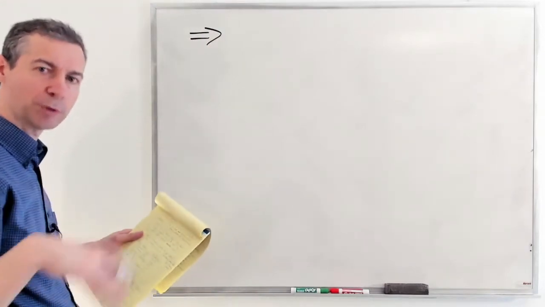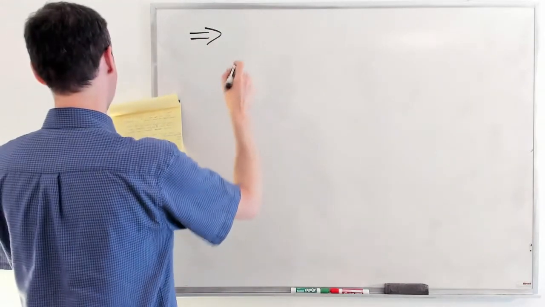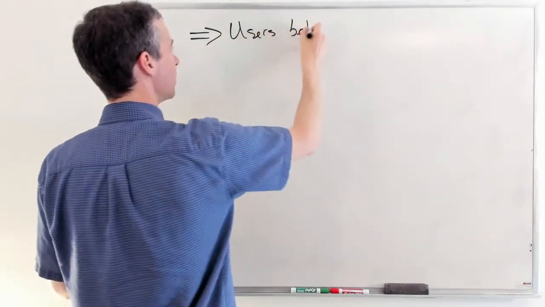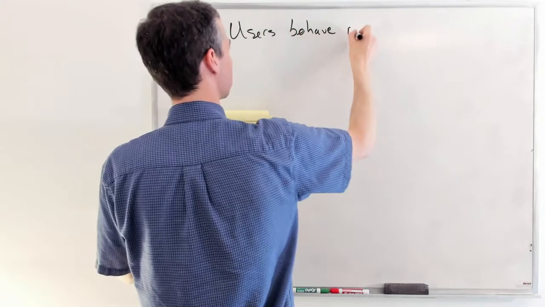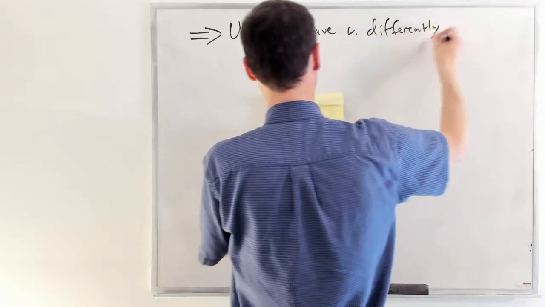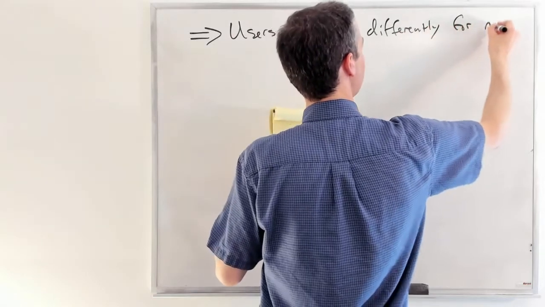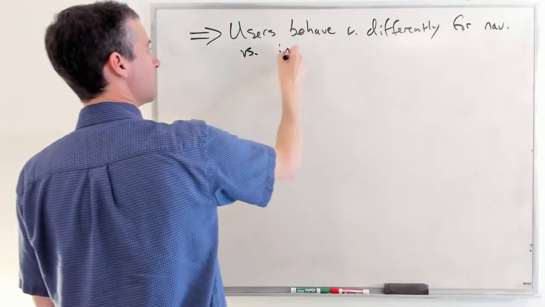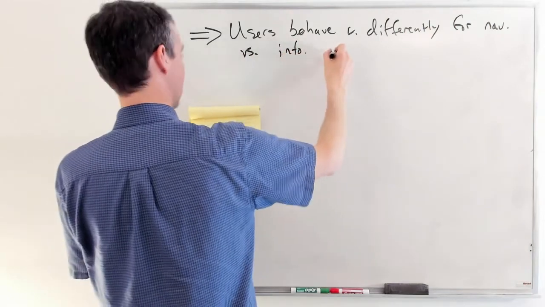Now, the big thing is what does this tell us? Well, if we do a little bit more looking or thinking about it, users behave very differently for navigational queries versus these informational queries.